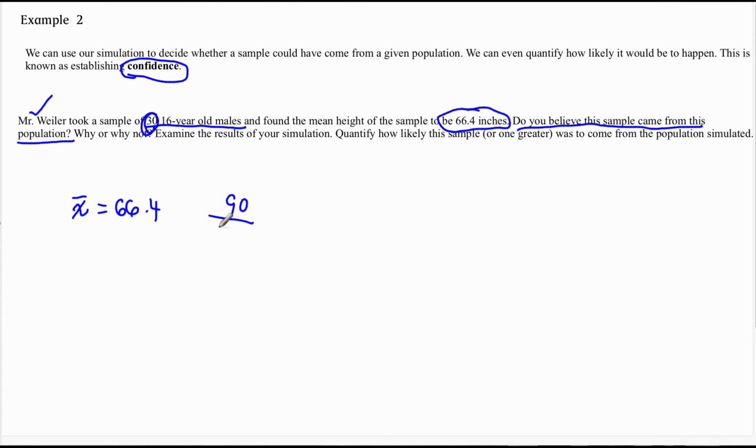Remember, I ran 100 samples. So this 66.4 is up in the 90th percentile. So how likely was this sample to come from this population? Not good. It's in the 90th percentile, which means this average is taller than 90% of the averages. So there we were able to infer that, hey, these people up here in Rochester are pretty tall compared to the average.